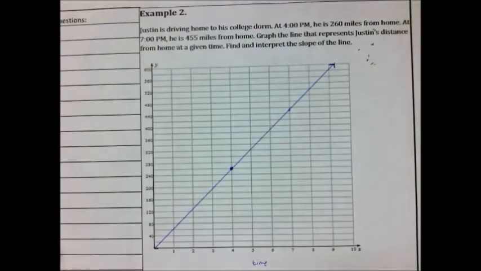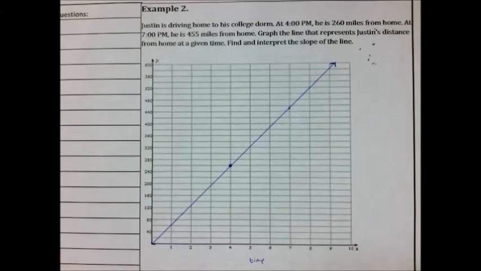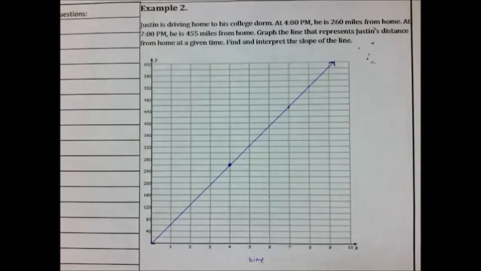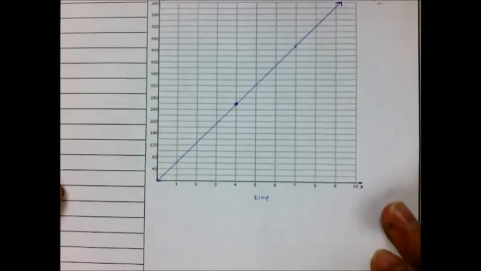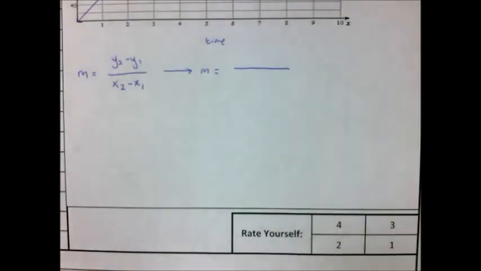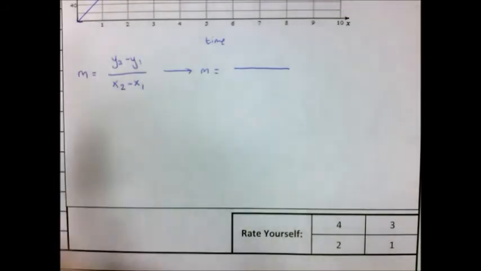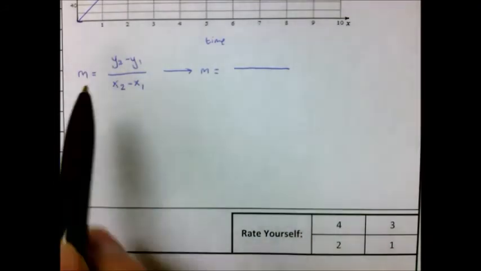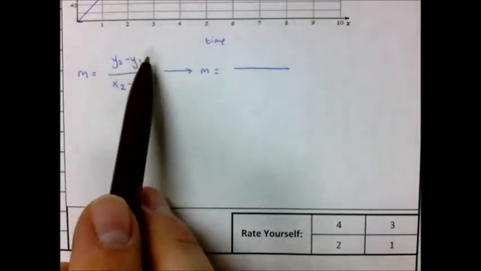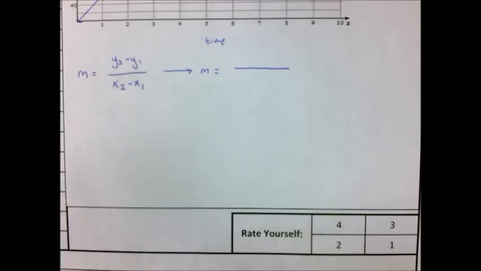Right? Okay, now when we're using numbers that are a little bit larger in size, and we're not looking at just a simple coordinate plane, it is useful to use the slope formula. Alright, so I've zoomed in a little bit, and I reminded us of what the slope formula was. It's m equals y2 minus y1 divided by x2 minus x1.